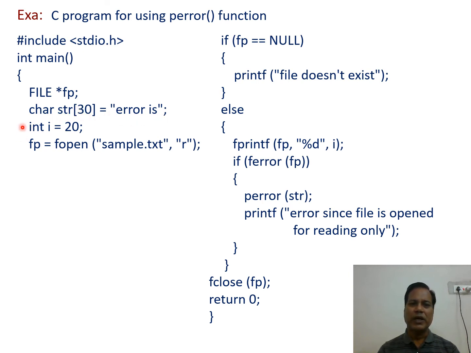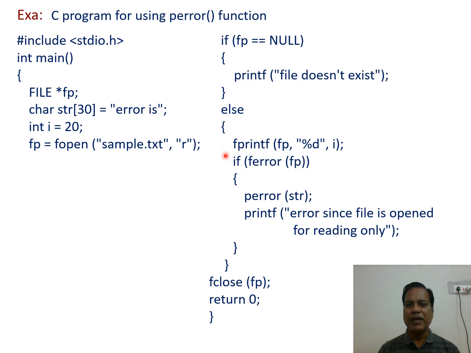The next statement declares the integer variable i, and simultaneously the integer value 20 is assigned to it. Then fp equal to fopen("sample.txt", "r"). The sample.txt file is opened in the read mode, and corresponding information is stored in the file pointer fp.